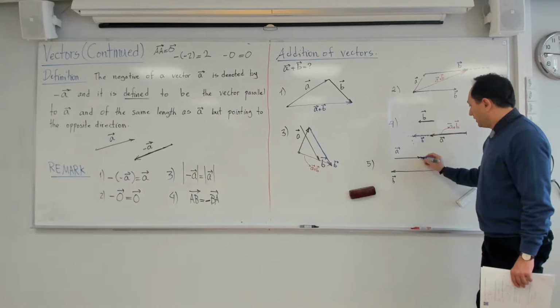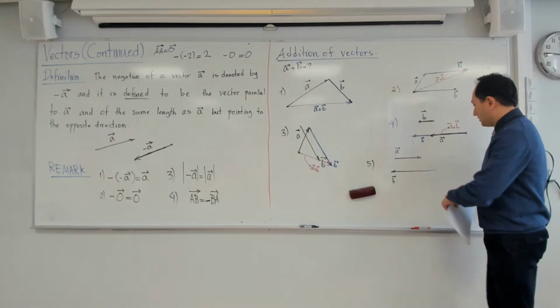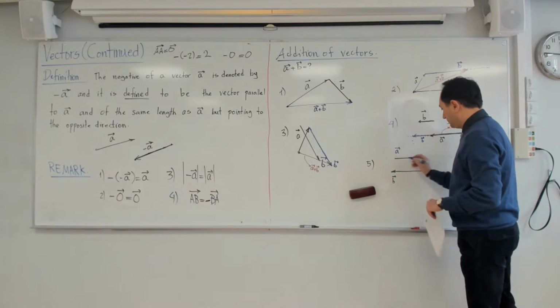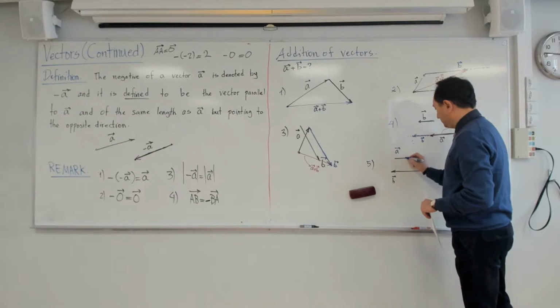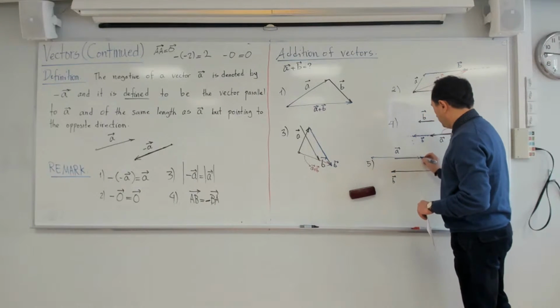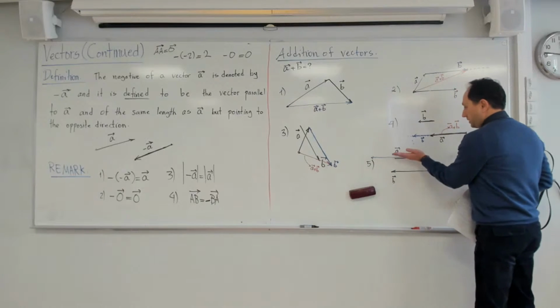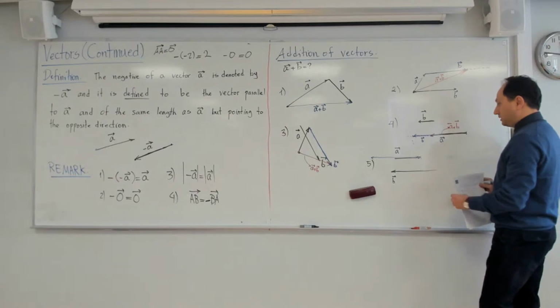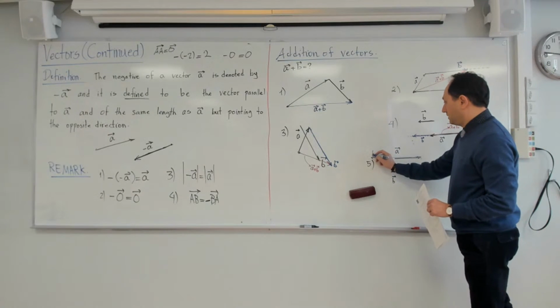This is the blue one, which I am drawing on it. So it should be the same size if I put it here somewhere, for example. But if you really draw it carefully, it becomes exactly on this black line. But if I draw it in that way, it's not clear. So this is also vector B.